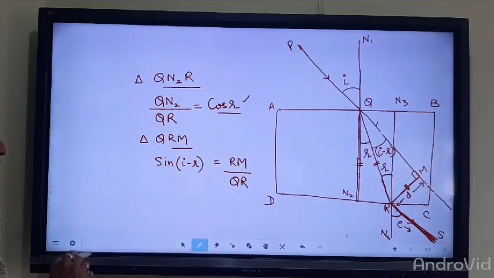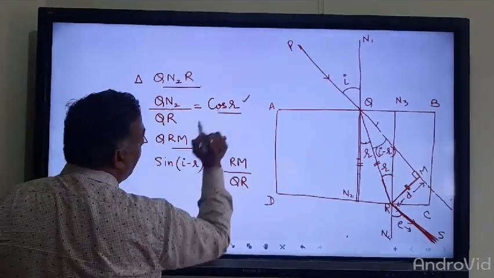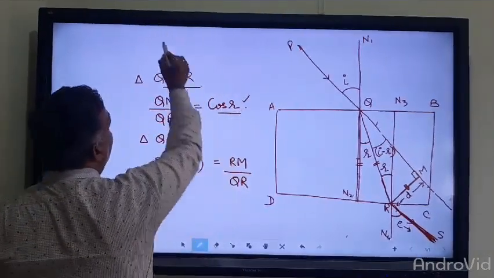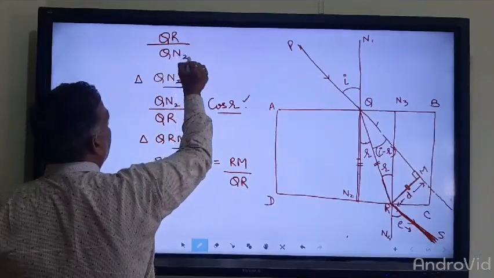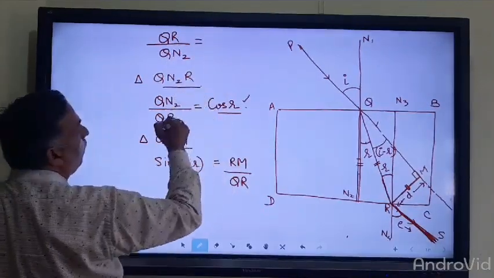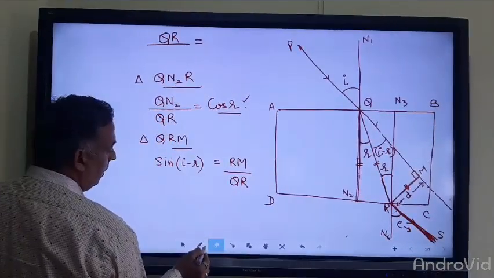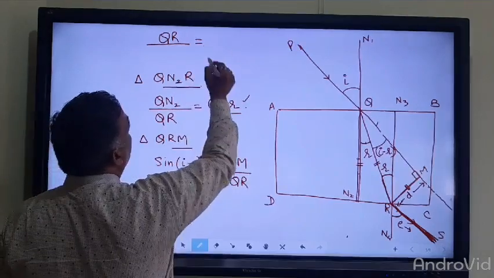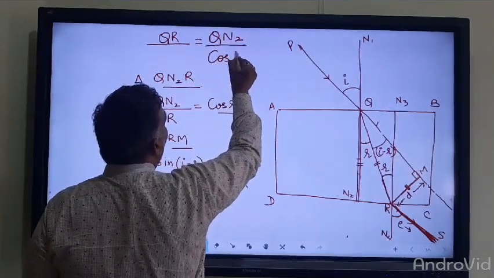So from here, now I will take QR from both the equations. From equation number 1, QR is equal to QS upon cos r.